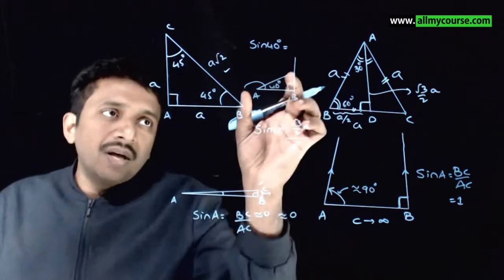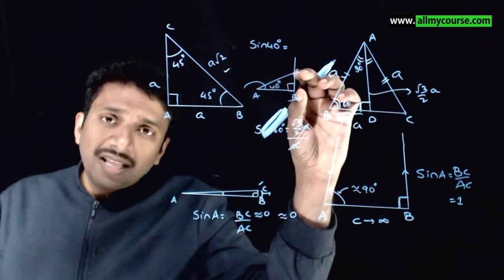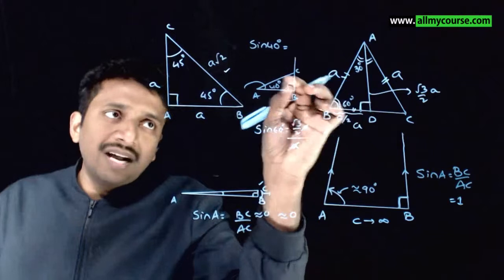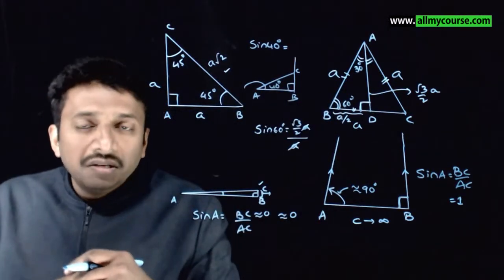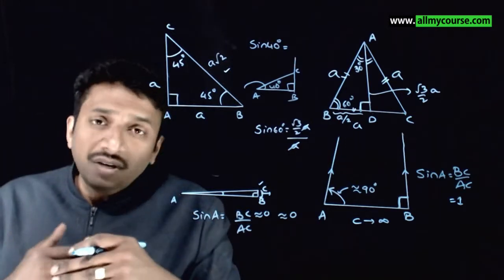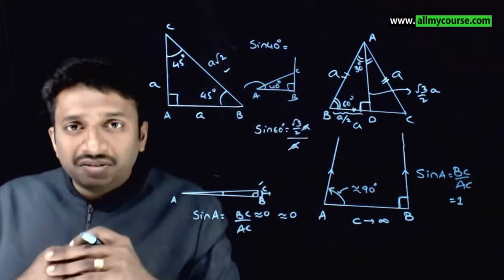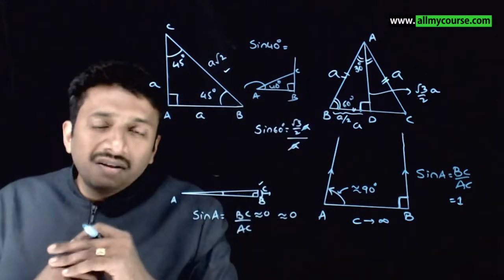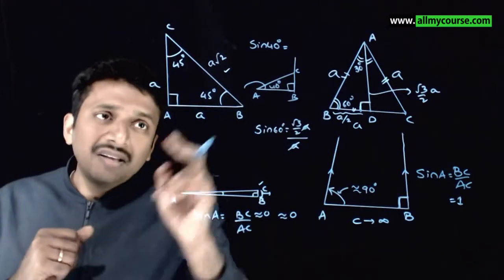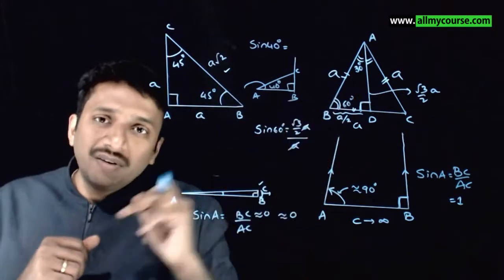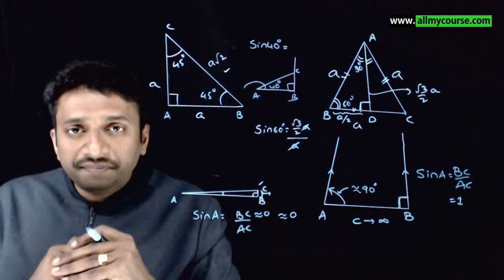Once you form a right angle triangle, you can measure the lengths BC and AC, and find the ratio BC by AC, which will be equal to sine 40 degrees. So you can find trigonometric ratios for all angles by construction. But these angles are special, where you can draw these diagrams mentally and get the relations between the sides of the triangle.